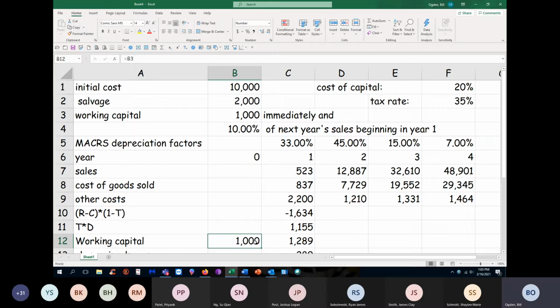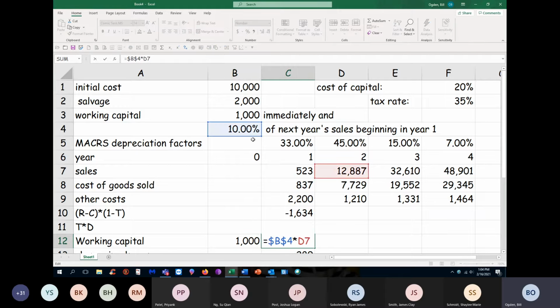So we have this at the beginning of the year, right? At the beginning of year one. And then what happens during year one? We have to build it up to be sufficiently large to support year two's operations by the end of year one. So the story here, now again, these stories change all over, but we're going to say that 10% of the following year's sales. So that's where I got this number.